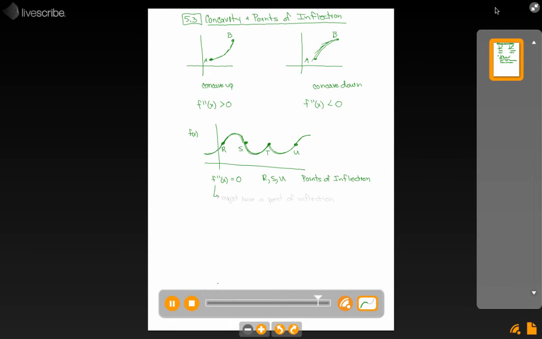If you find the second derivative 0, you might have a point of inflection. And we test to the left, to the right, to see if it changes concavity or not, because there are these unusual places where the second derivative might be 0 or even undefined, and you don't have a point of inflection at all.